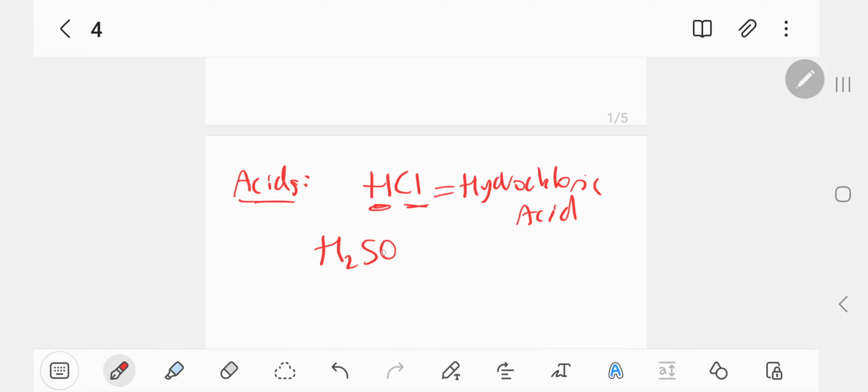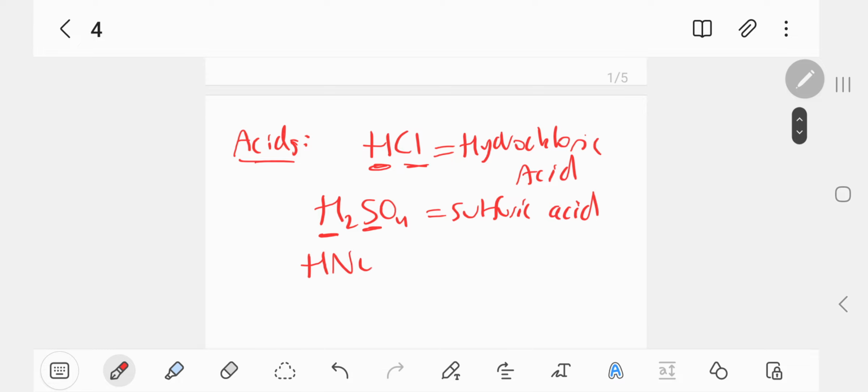Sulfuric acid, H2SO4. Sulfuric because it's got sulfur. Acid because it's got hydrogen. And HNO3, this is nitric acid. Nitric because it's got the nitrate polyatomic ion, NO3.